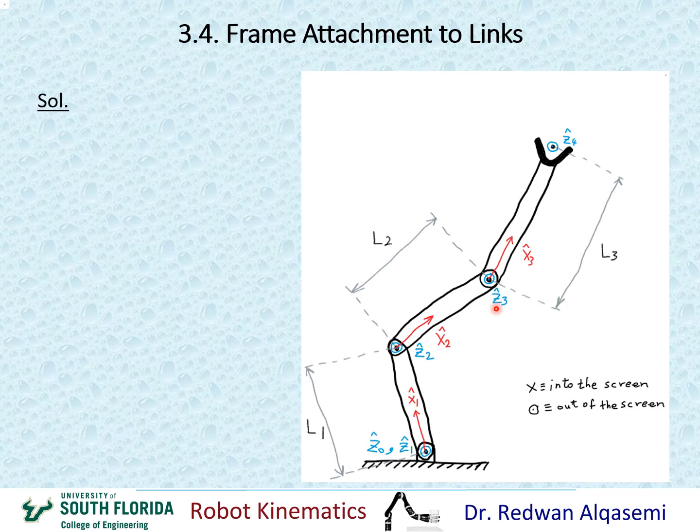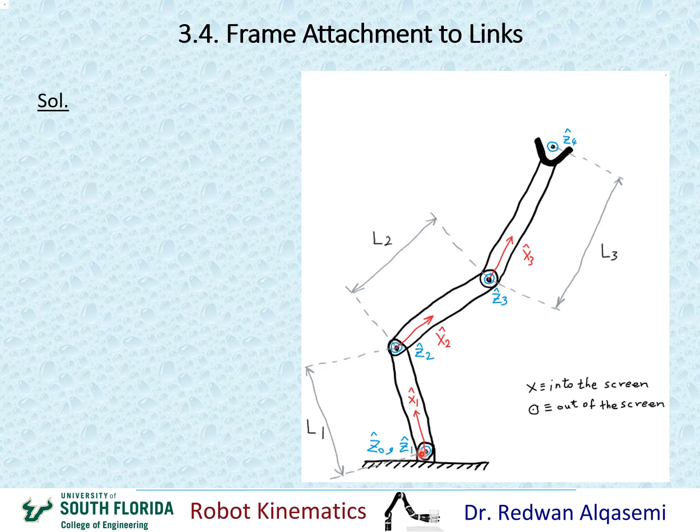All right, now I'm going to go down to frame 0. So I'm going to assign X0. Remember, again, for the ground frame, I would like to assign frame 0 to be similar to frame 1 when the angle is 0, when that joint here is 0. Okay, so when this joint is 0, we imagine this link would be all the way down here. Basically X1 would be right here.